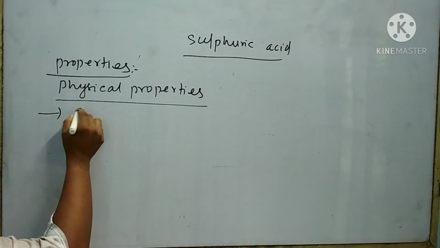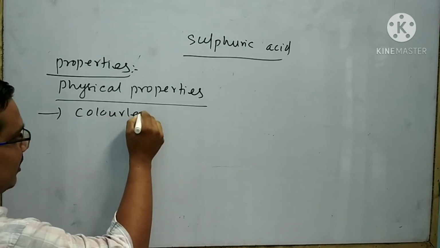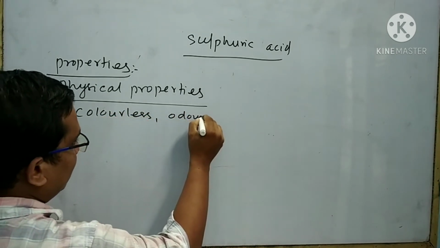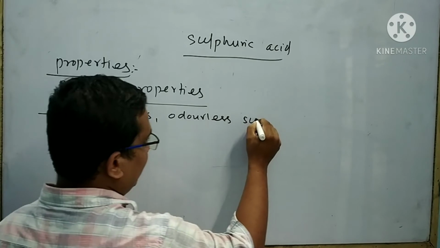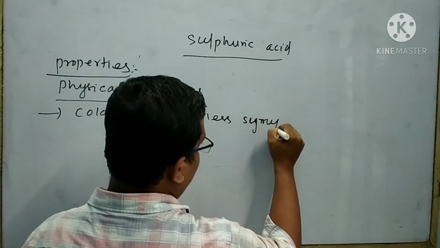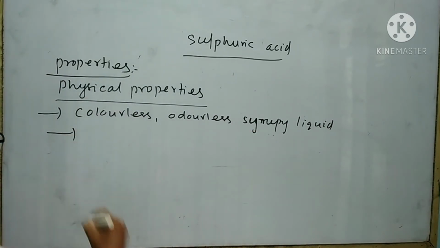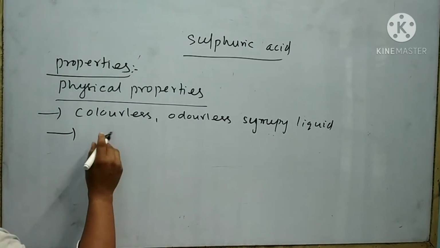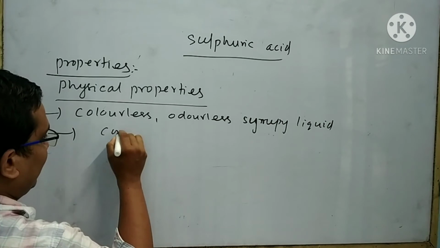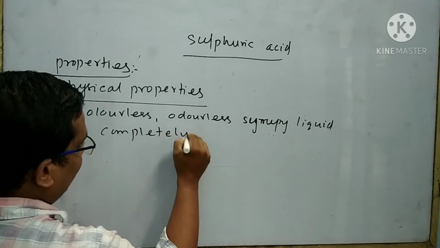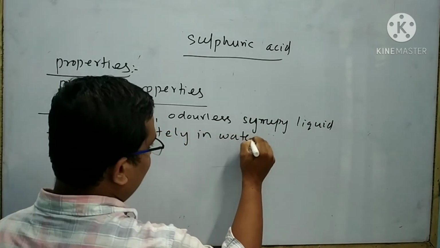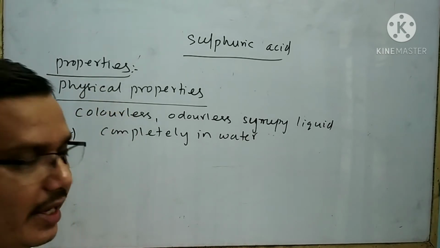Sulfuric acid is a colorless, odorless, syrupy liquid. Second point is sulfuric acid is soluble completely in water with the evolution of heat.